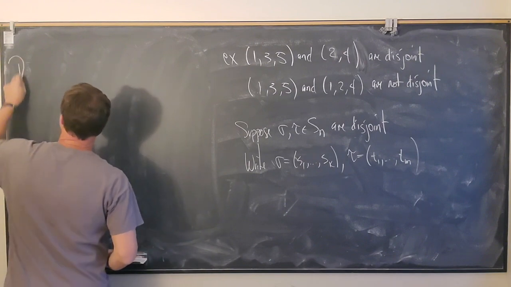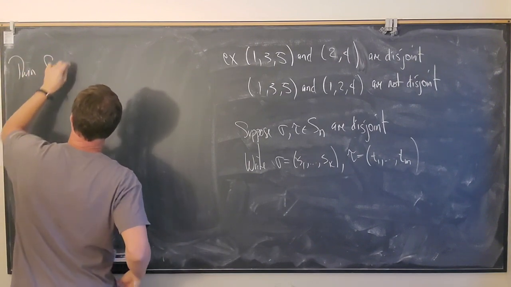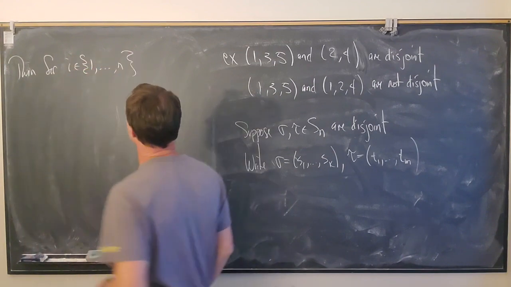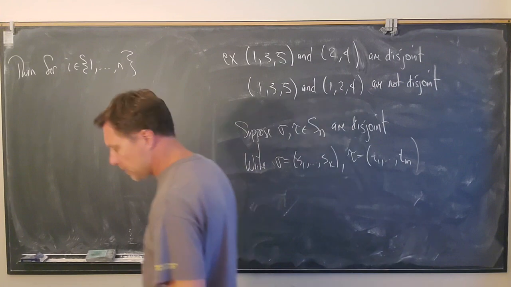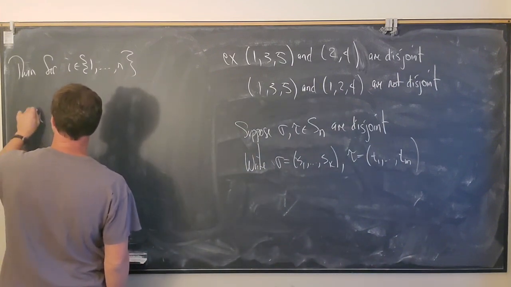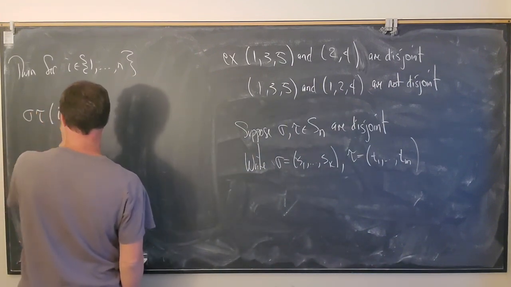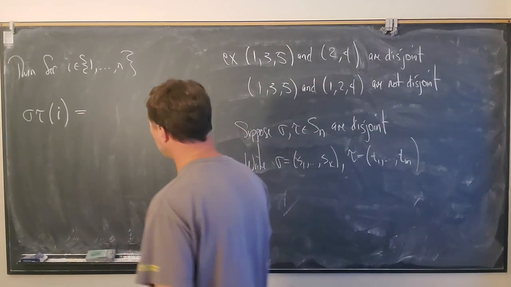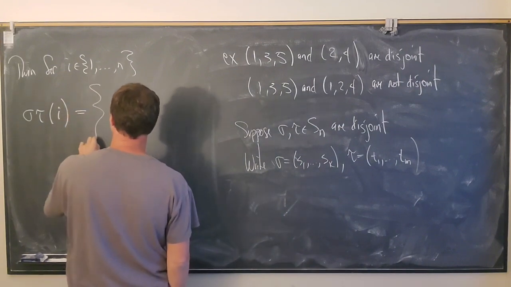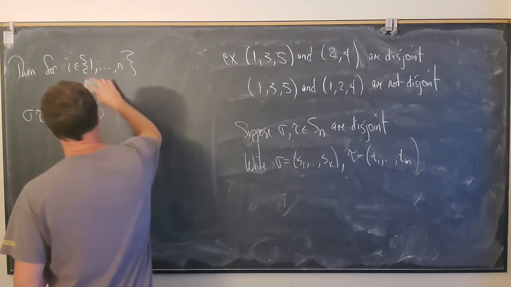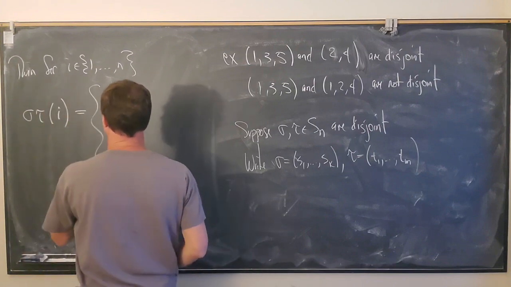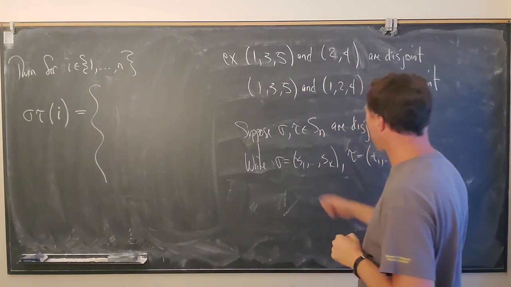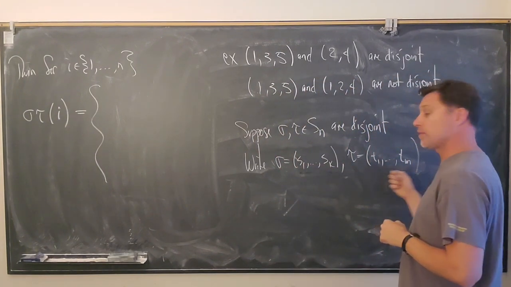We'll say then, for I some number between 1 and n, what I want to look at is sigma tau of I. What's this going to look like? Well, there are various choices depending on who I is. It's possible that I is not one of these and it's not one of these.